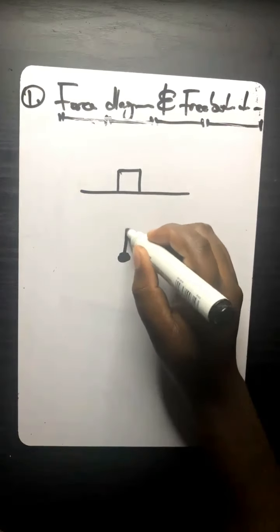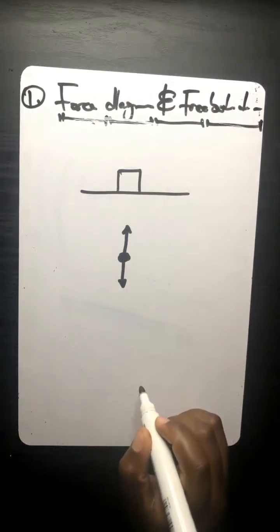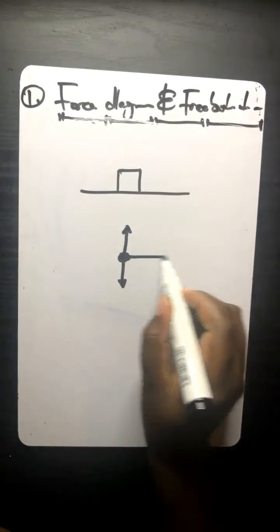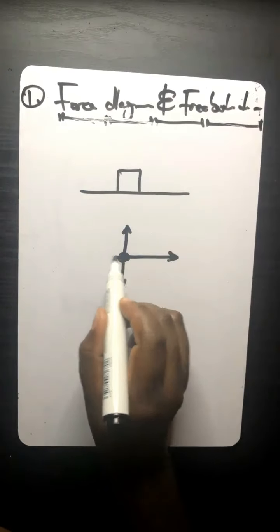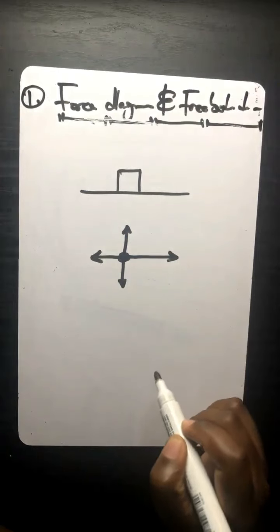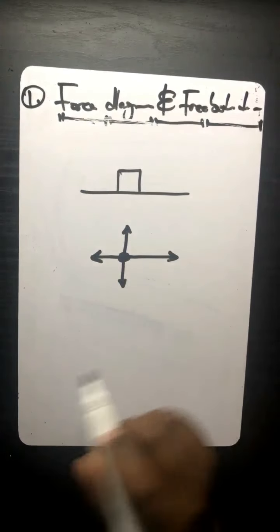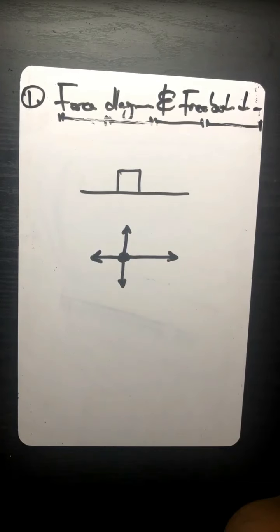We make a vertical line, and then from there I draw that, and again I draw, let's say, that. Here comes a question, guys. Is there someone who can guess which one is the applied force and which one is the frictional force?